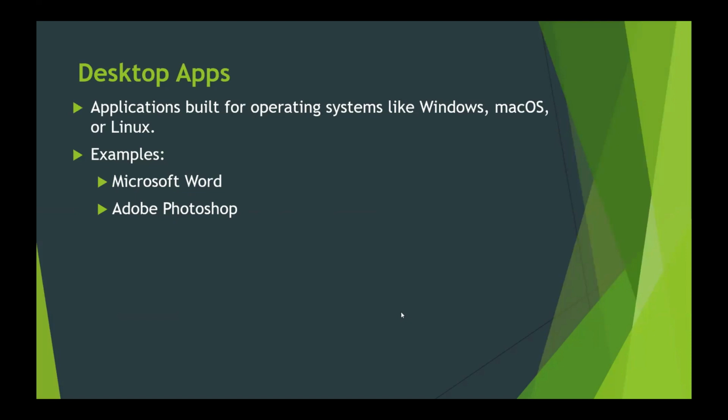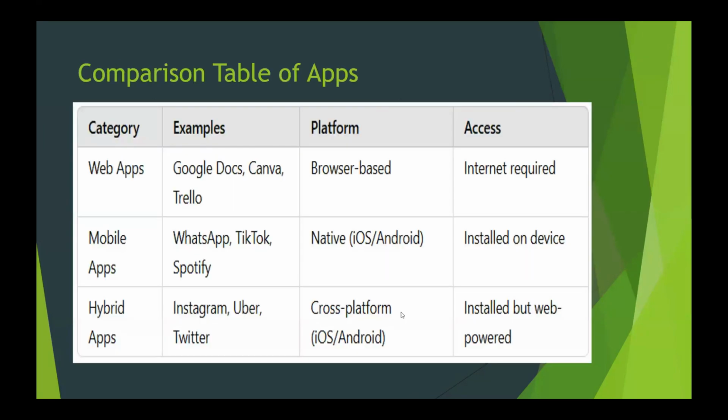Desktop applications we are already familiar with: MS Word, Excel, installed antivirus software. These all come under desktop applications, especially related to a particular operating system: Windows desktop, Mac desktop, Linux environment system applications. A simple comparison of web apps: Google Docs, which especially requires a browser and internet. Canva is a powerful, open source graphics design tool.